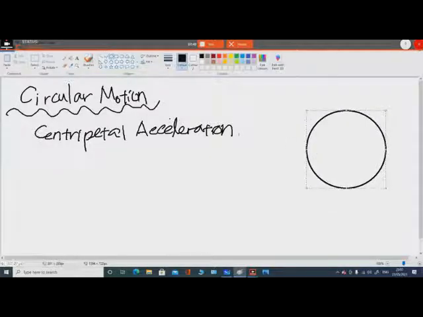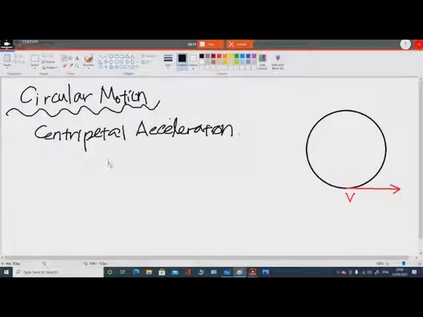This will be my first line. Let me use another color so that you can see clearly. As I mentioned just now, we have the linear velocity here, which is tangent to the circle.